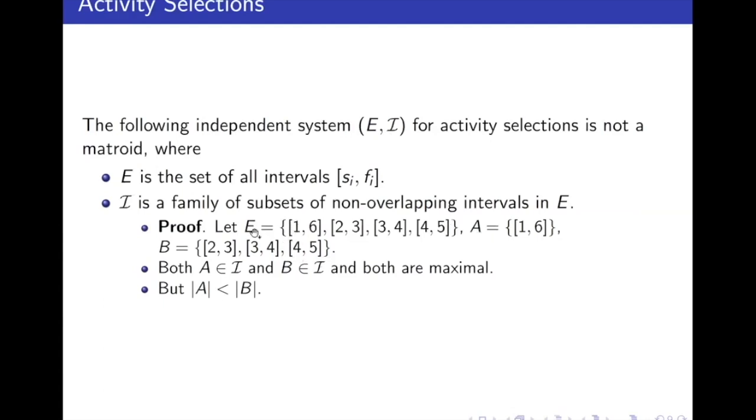So we let E be a set of activities. So this is the start time, finish time, start time, finish time, and so on. And then we let A be 1, 6. So then B, okay, obviously is maximal because the whole thing, so A is in I and B is in I, and both are maximal, right?